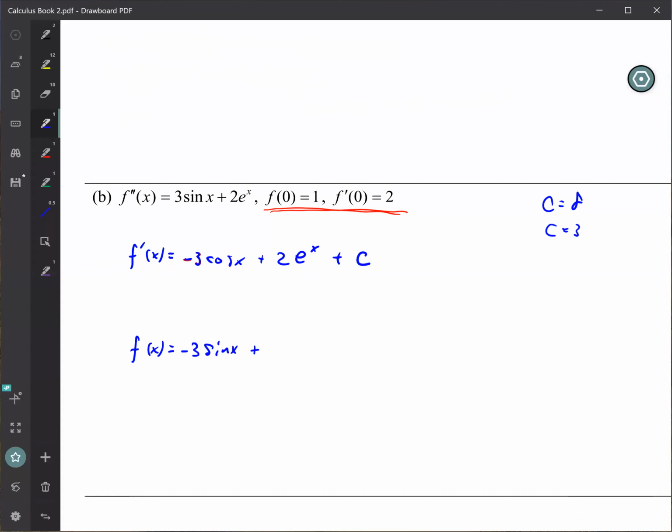Like 2e^x or something. Yeah, 2e to the x, right? E to the x, you can check by priming it, right? E to the x prime is still e to the x.